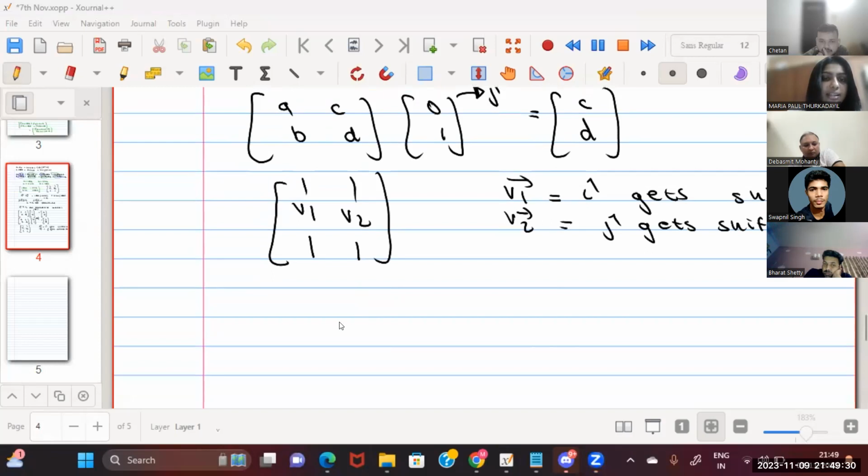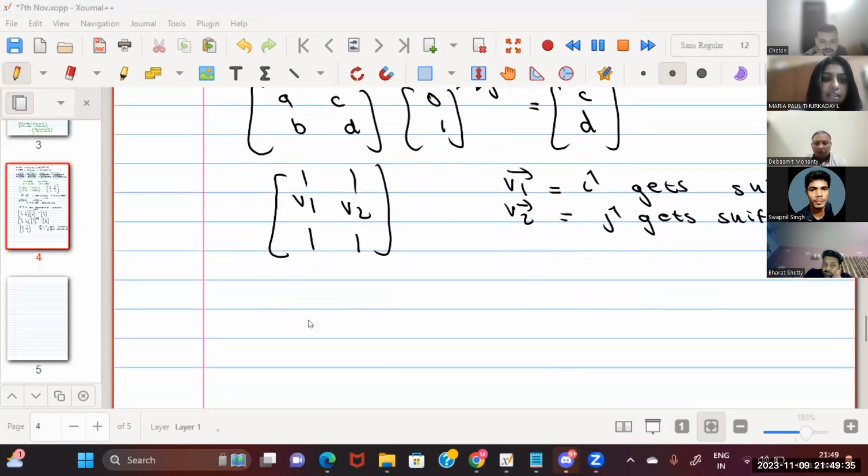Your norm gets preserved when the two vectors are orthonormal, or we have an orthonormal basis. Whenever two vectors form an orthonormal basis, our norm or magnitude gets preserved. That is the general property of the matrix.